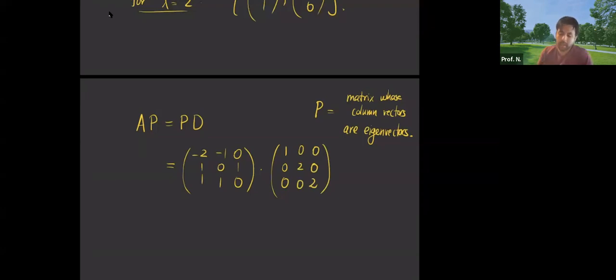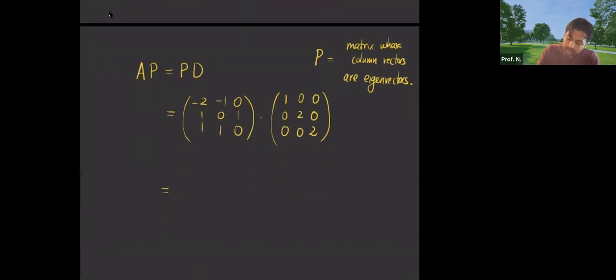Right? So then if I multiply this out, what would I get? I would get this row, right? Hold on.